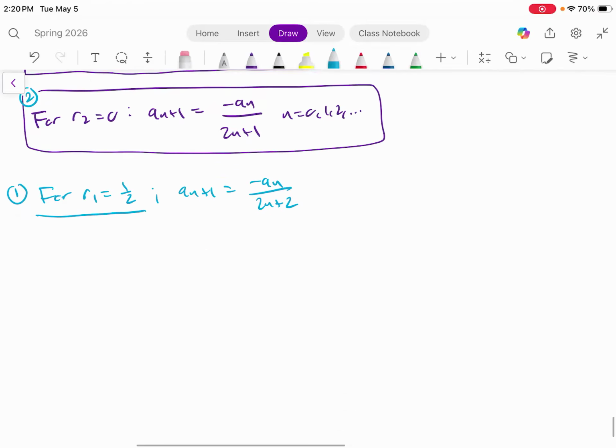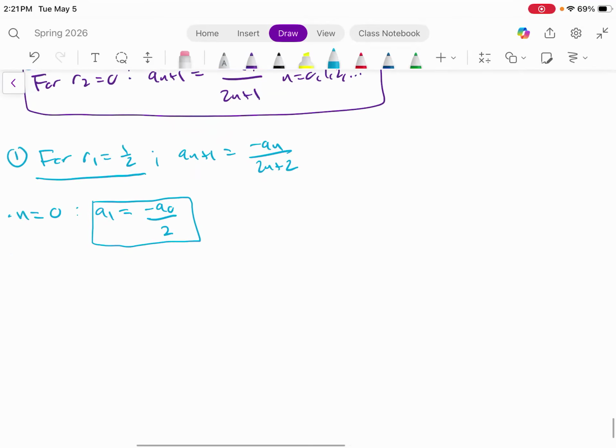Let's go ahead and start plugging in n. So for n equals 0, if I plug in 0 into here, I get a1 equals negative a naught over 2. Okay, so that's my first constant. For n equals 1, I get a2 equals negative a1 over 4.